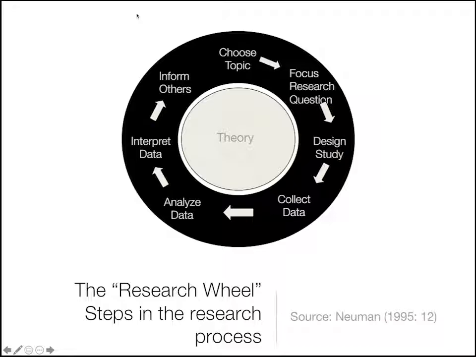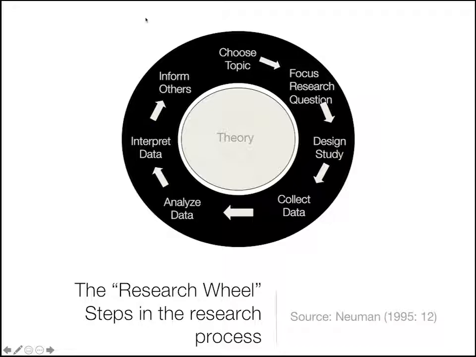So back to the good old wheel. It's so comforting. Yeah, sure, it looks like a record, whatever. Just pointing out that as we move along here through this course, we've done the research question, designed the study, collected the data, and now we're moving into the home stretch in this course, which is analyzing the data, interpreting it, and informing others.